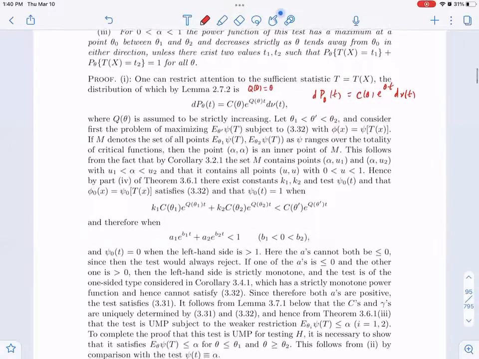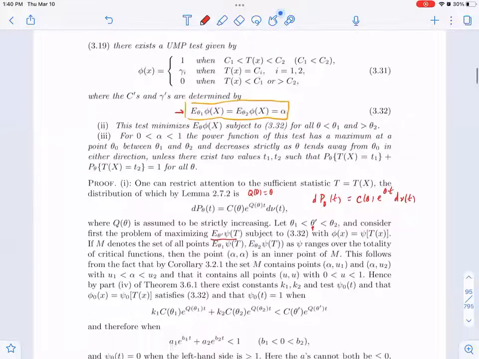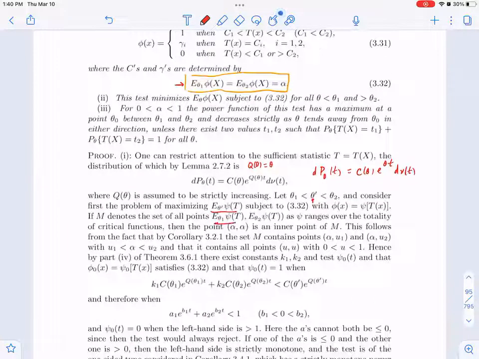So that's the density of the model that we were going to work with. So what you're going to do is build a test which maximizes the power for theta prime, and theta 1 and theta 2, subject to the constraints that we have here. So this is equal to alpha and this is equal to alpha.